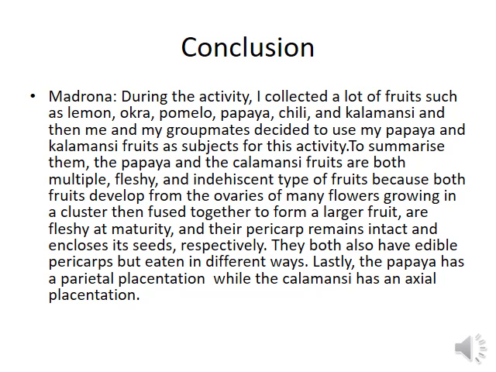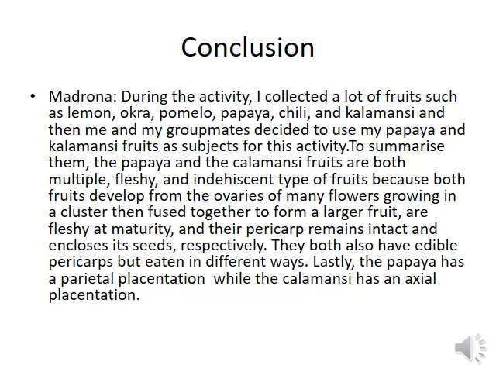So during the activity, I collected a lot of fruits such as lemon, okra, pomelo, papaya, chili, and calamansi. And then me and my group mates decided to use my papaya and calamansi fruits as subjects for this activity. To summarize them, the papaya and the calamansi fruits are both multiple, fleshy, and indehiscent type of fruits because both fruits develop from the ovaries of many flowers growing in a cluster then fuse together to form a larger fruit.